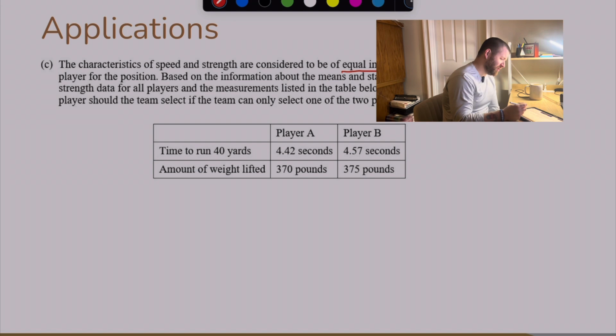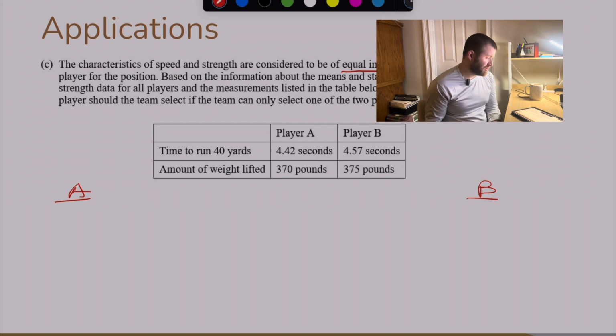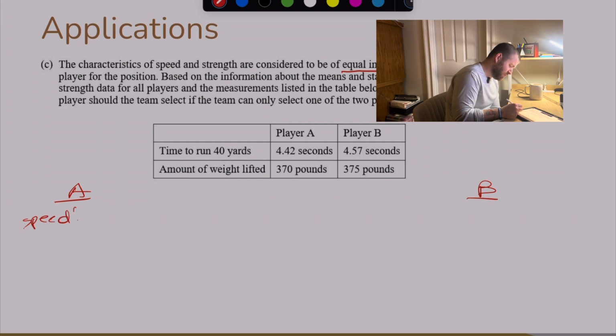So what they do is for player A and for player B, they find the z-scores for speed and they find the z-scores for weightlifting, right? So for player A for speed, they get the z-score of 4.42 minus, I believe the average was 4.6, over 0.15, which gives me negative 0.18 over 0.15.